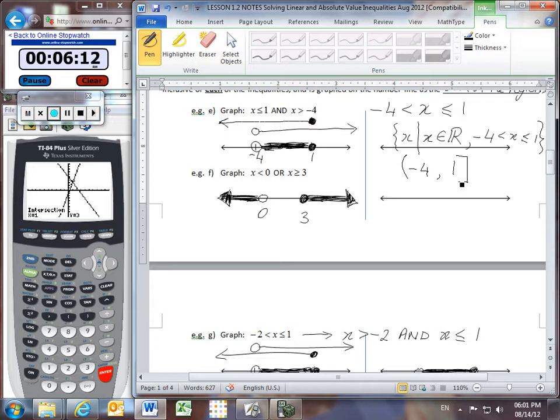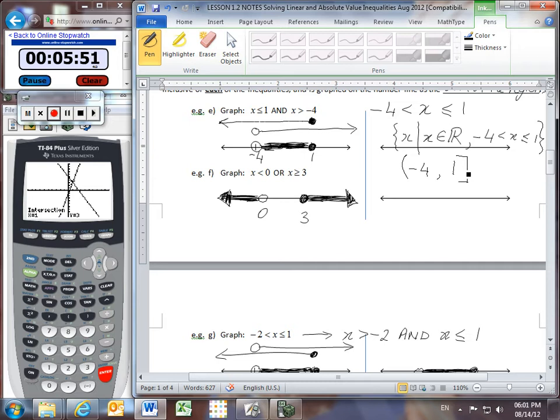I know it looks like coordinates, but you have to realize that there are different contexts for the notations that you see in mathematics. And in this situation, where we're mixing a parenthesis with a bracket, clearly it's not a set of coordinates. It must represent a domain of values ranging from -4, not included, up to 1, included.